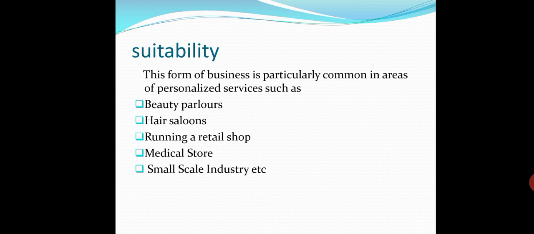It might be a medical store, a retail store, a hair salon or a small scale industry where the investment is small and things can be managed by a single person.